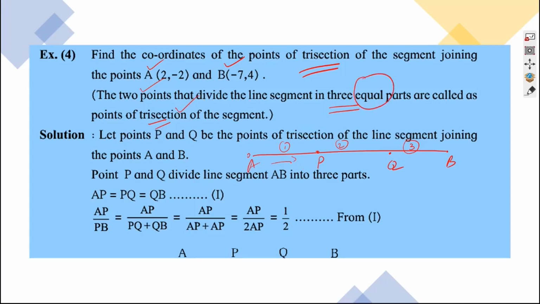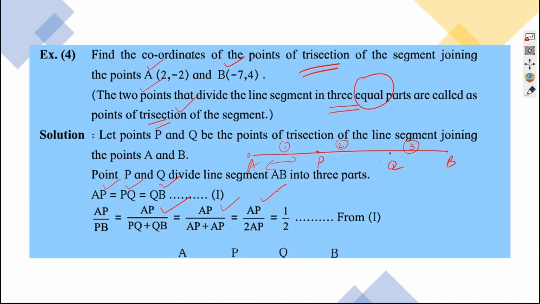That means AP is equal to PQ, and PQ is equal to QB. If you are trying to find AP upon PB, what would it be? We know that AP is equal to PQ is equal to QB. Then AP upon PB will be equal to AP upon PQ plus QB, which is equal to AP upon AP plus AP, which is equal to 1 upon 2.